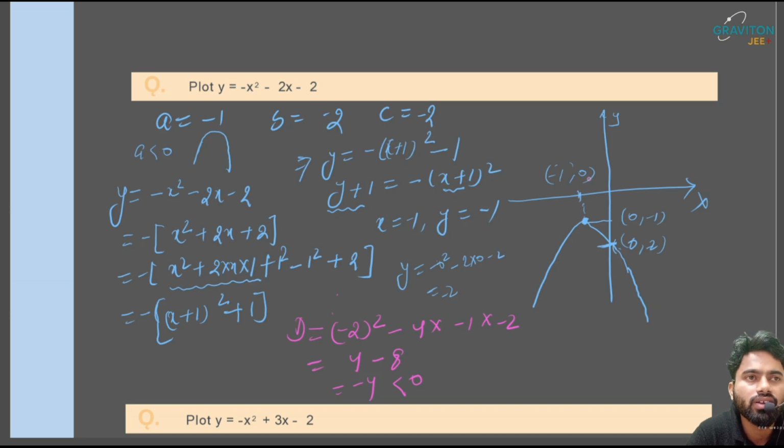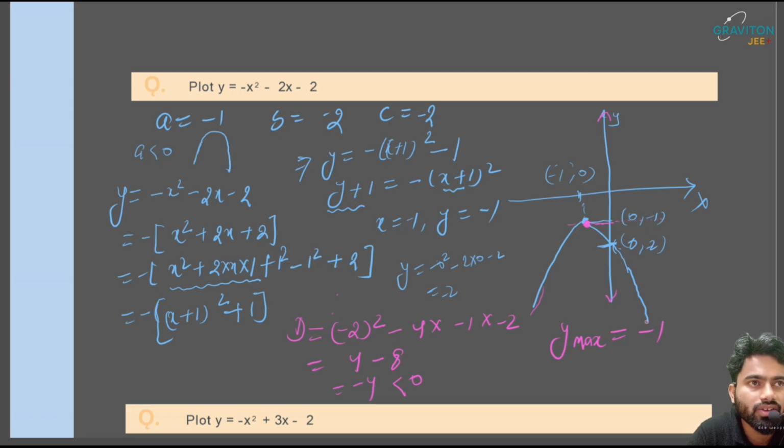Okay. So if I ask you where the maximum of this type of function will be attained, look at this function. It goes through this, and after this the function goes down. So the maximum value will be attained here. And what will be the maximum value? Basically, if we talk about the value, we look at the y value. So what is the y coordinate here? -1. So the maximum will be -1, at the vertex of the parabola, where x equal to -1.